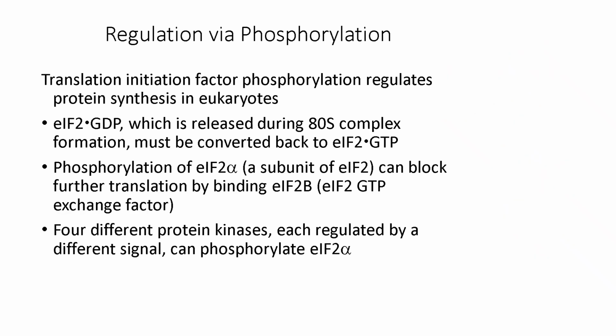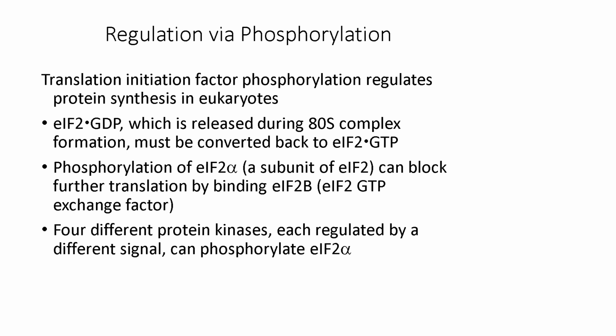In eukaryotes, translation is tightly regulated by phosphorylation, particularly of eIF2 alpha, a subunit of eIF2. Normally, eIF2-GDP must be converted back to eIF2-GTP to initiate a new round of translation.